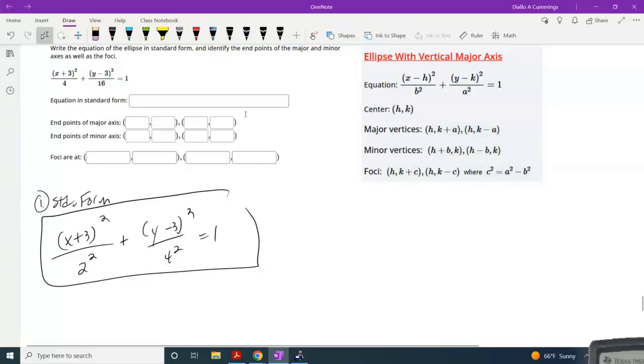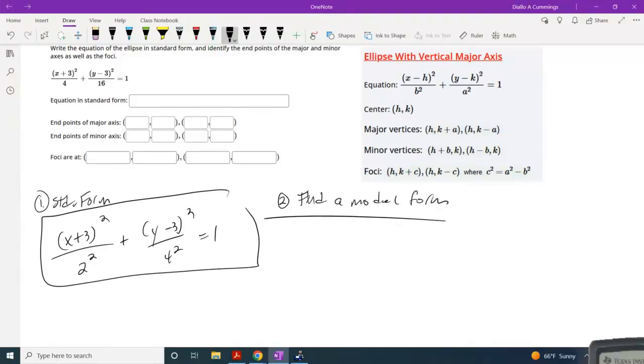Now we have to find the vertices. So if you look at your equation, you have to find a model form. In order to find a model form, we look for the largest denominator, which is 16.